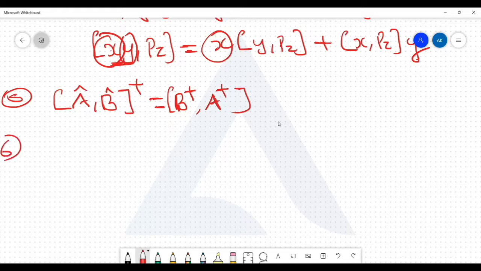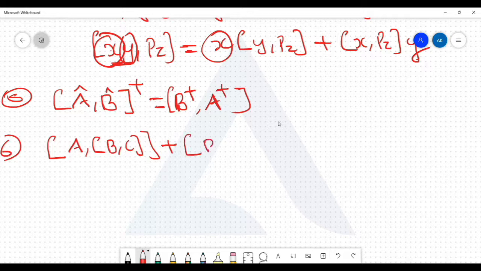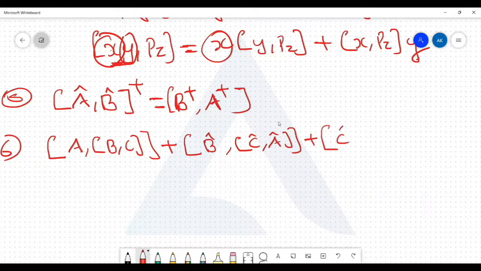Next one is the commutator of A with the commutator of B with C, plus the commutator of B with the commutator of C with A, plus the commutator of C with the commutator of A with B. Okay, ABC, BCA, CAB, this should be 0.